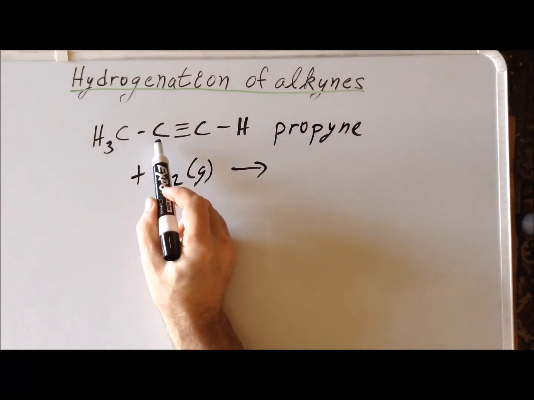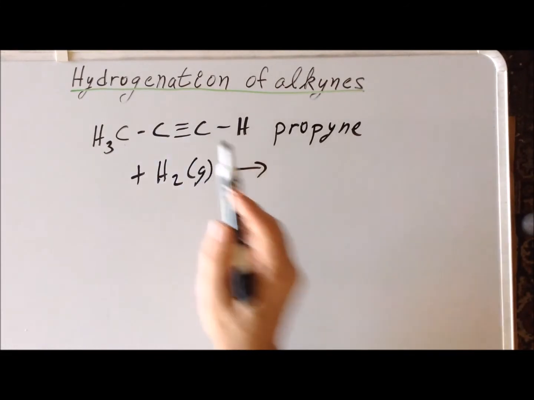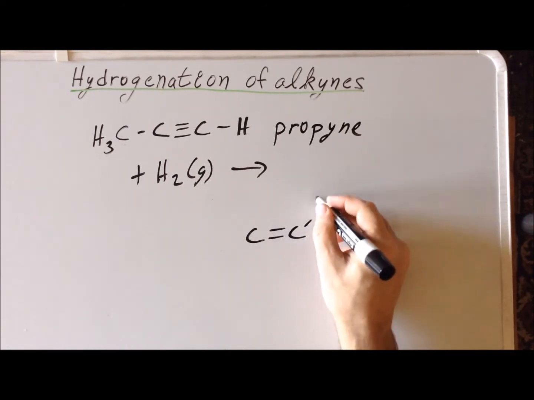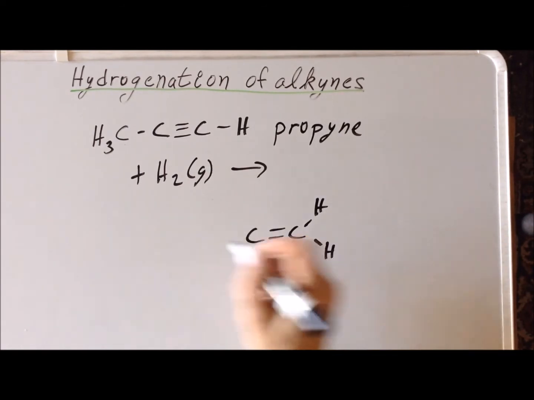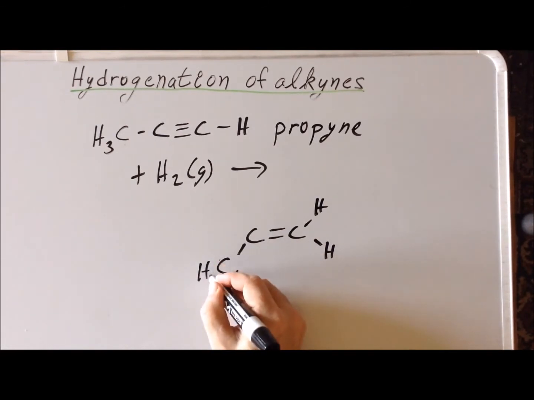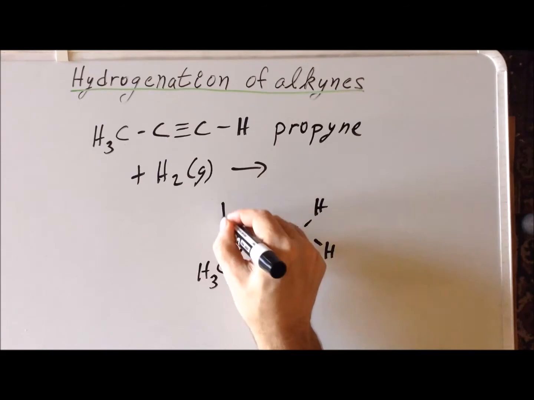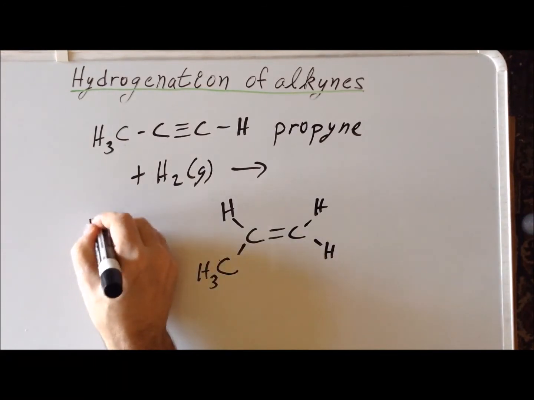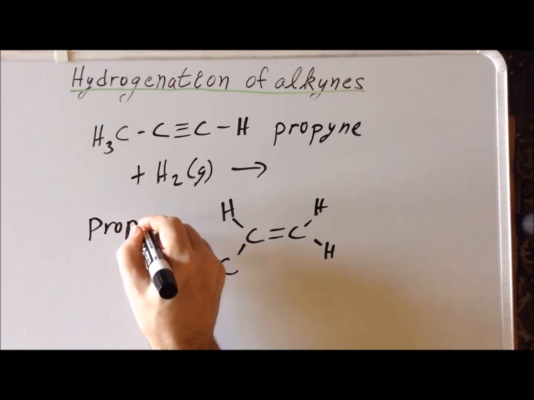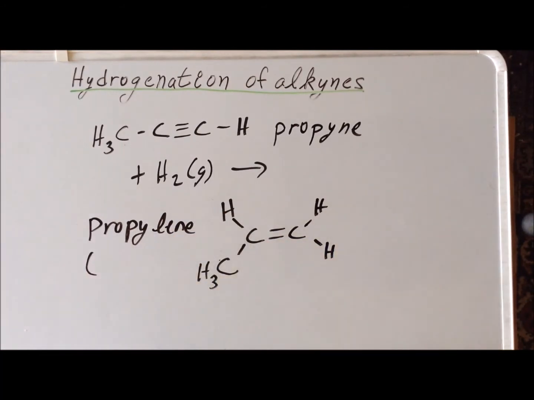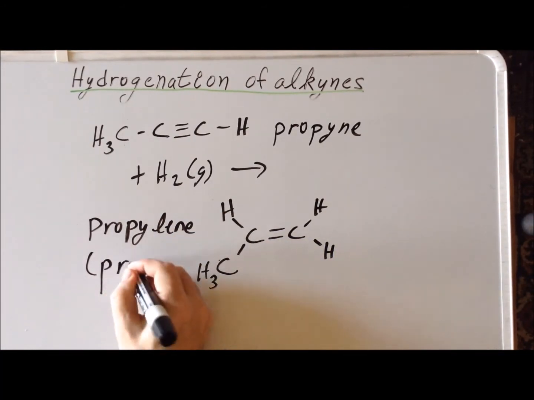Well, we know that we reduce the carbon-carbon triple bond to a double bond. And on this side, we have a methyl group. The resulting compound is called propylene, its common name, but it is also known in the IUPAC form as propene.